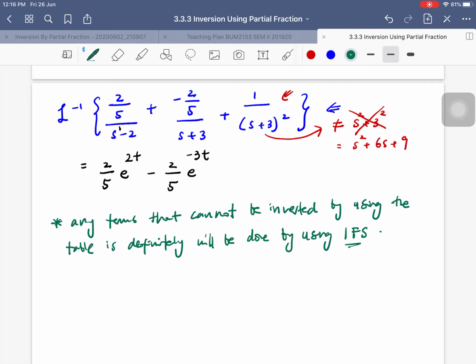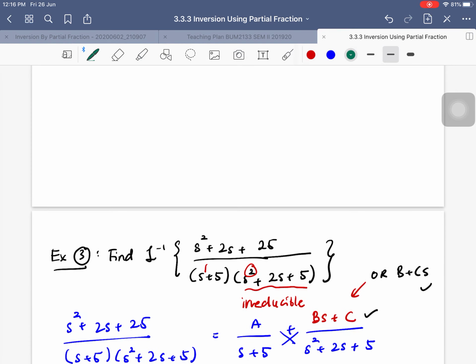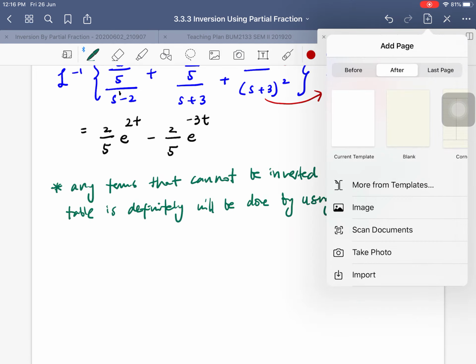So my IFS stands for inversion of Fishev. Okay, so that is why the last term is going to be inversion of Fishev. So let me add a page over here.